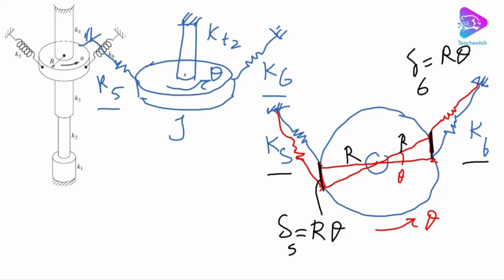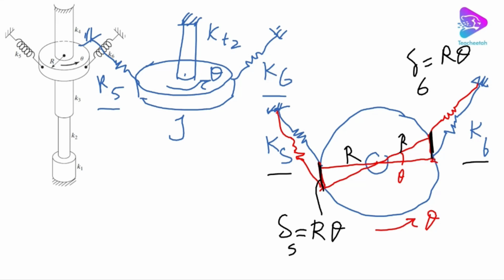So how can we combine them, or how can we find the equivalent stiffness based on these considerations? We have to use the other method, the potential energy. And remember, the problem statement is looking for the equivalent torsional spring constant, not the equivalent linear spring constant.